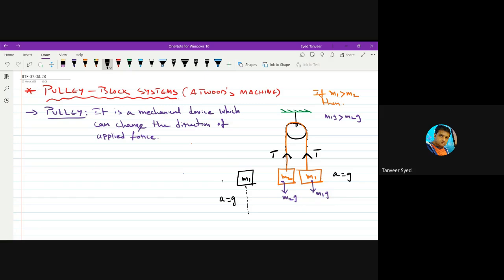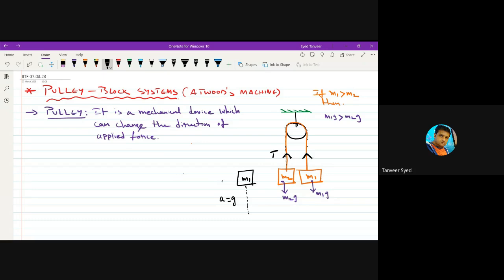It is not falling like a ball or stone released. It is tied to a string, so the tension in the string is pulling it up and gravity is pulling it down. Who wins? Gravity wins. Does the tension become zero? No, there will be a net force. Because of that net force, M1 is coming down.